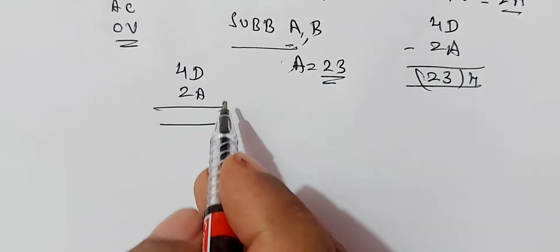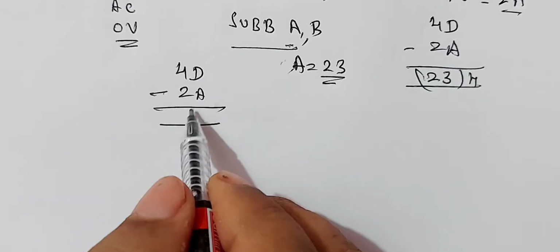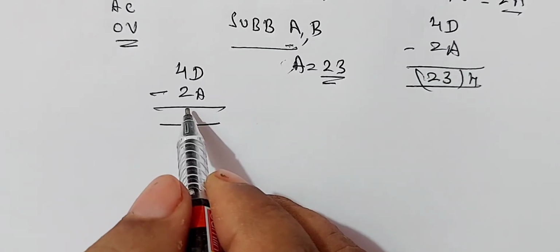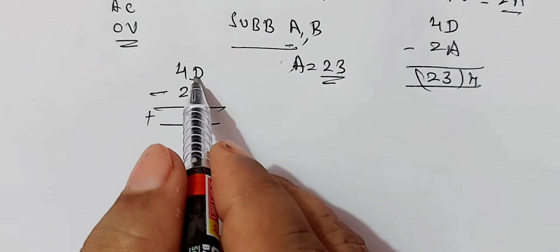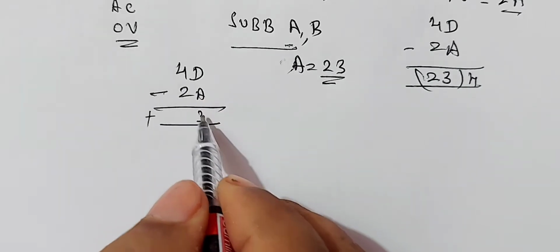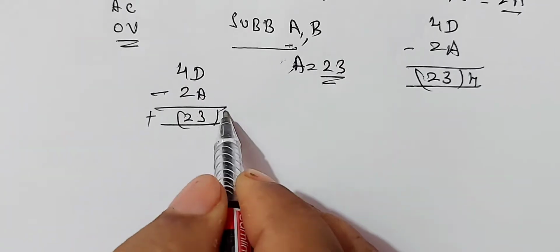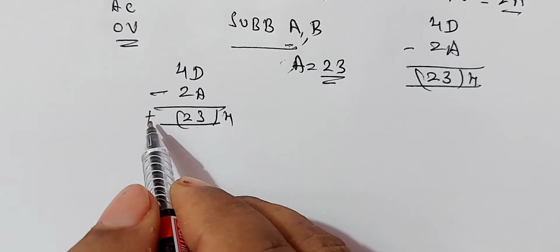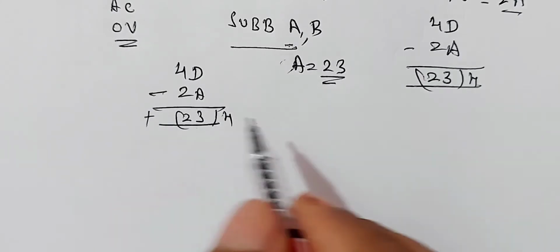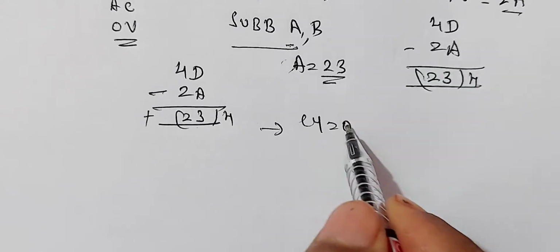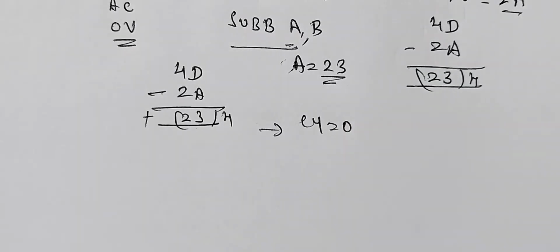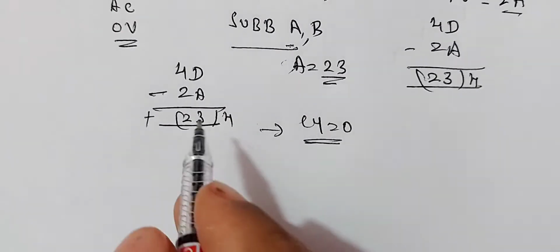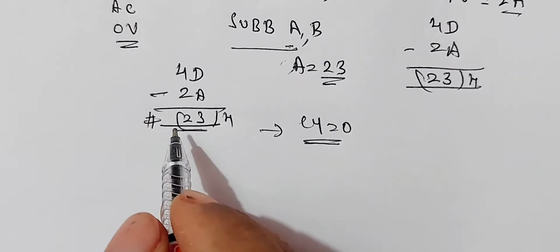So this is the subtraction of the lower data from the higher data. In that case, the result is positive. D minus A is 3, 4 minus 2 is 2, so 23. And there is no carry. Carry flag is 0. So during the subtraction of lower byte from higher byte, the carry flag is 0 and the result is positive.